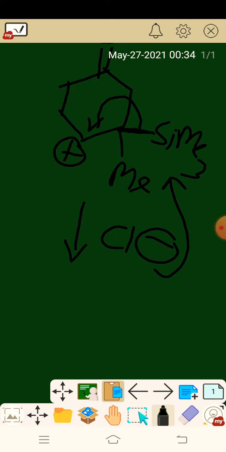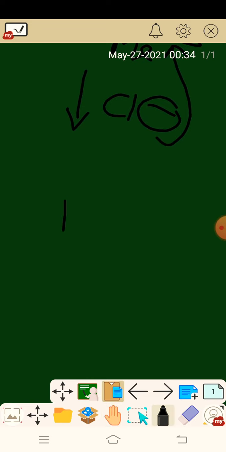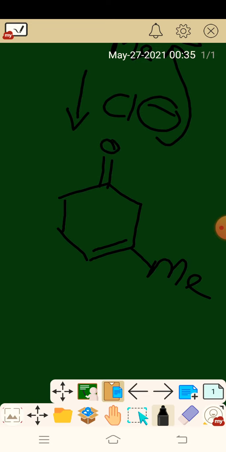This bond pushes its electrons from this side and this carbocation is replaced from here. Now in the next step you will have a new C-C bond, and there is a carbonyl group here.